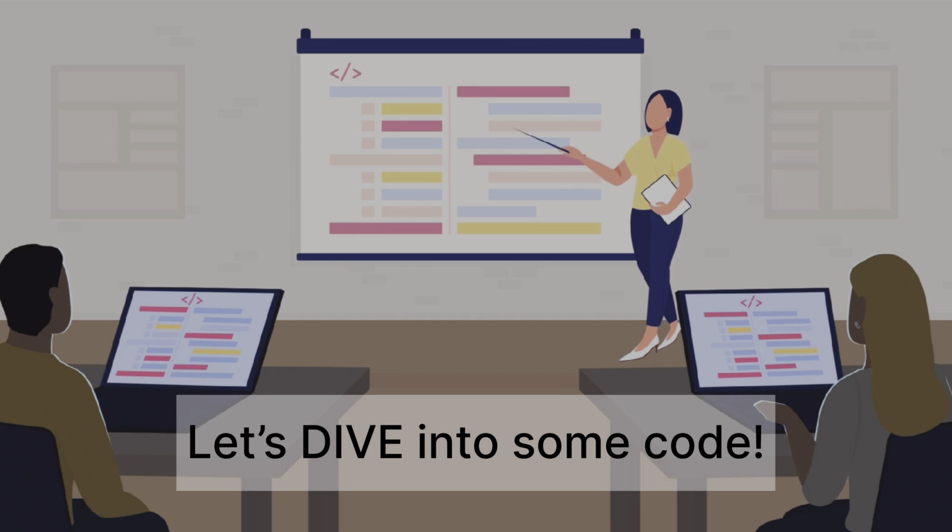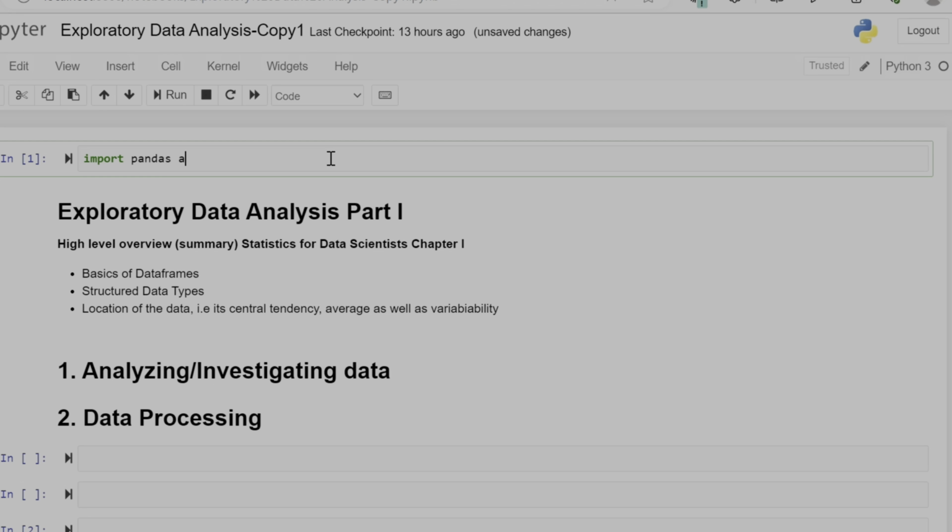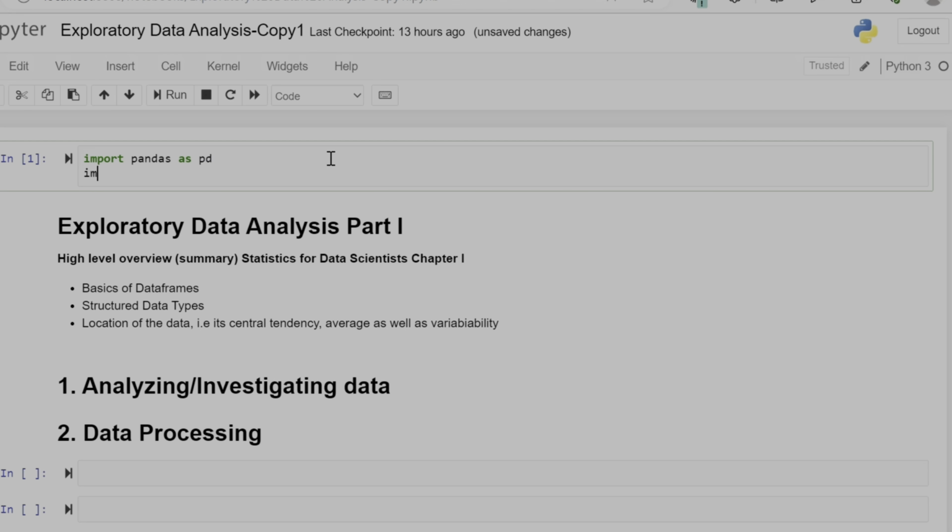Okay, so now let's dive into some code. We will be using Jupyter Notebook. We've got our Jupyter Notebook open, and now we are just going to import some libraries into our kernel here. I am importing Pandas, and I give it an alias, pd. This is the standard naming convention. I'm also importing NumPy as np.